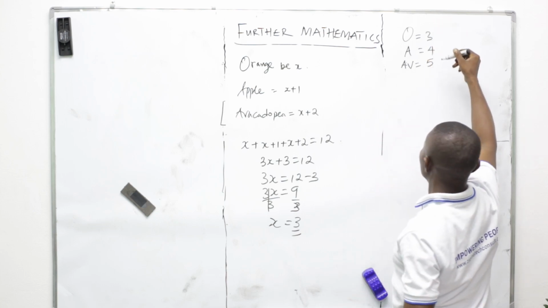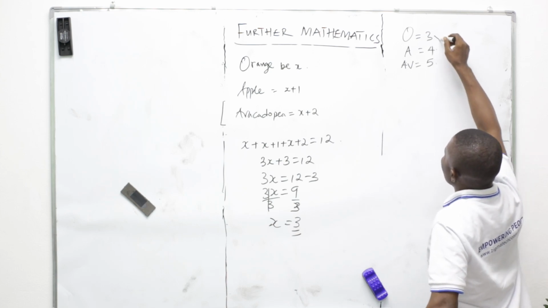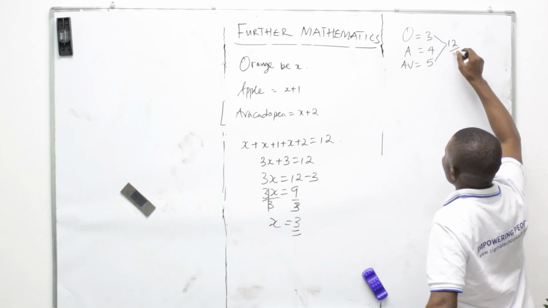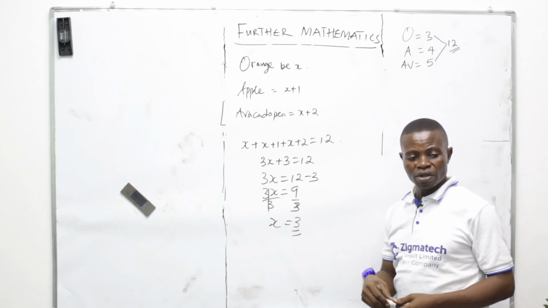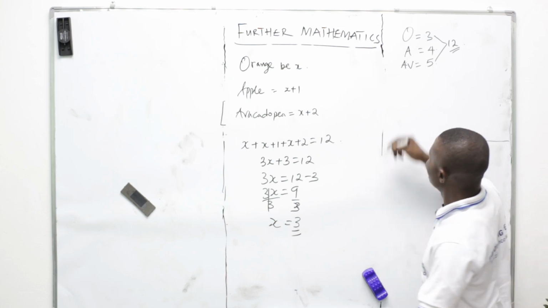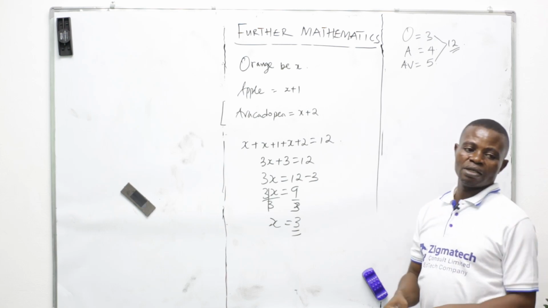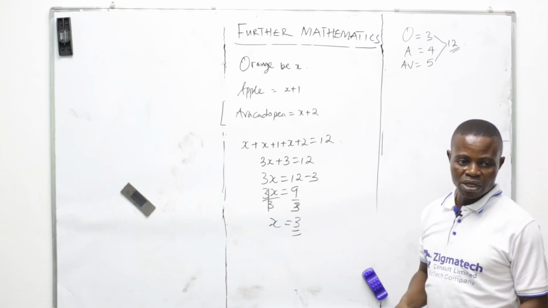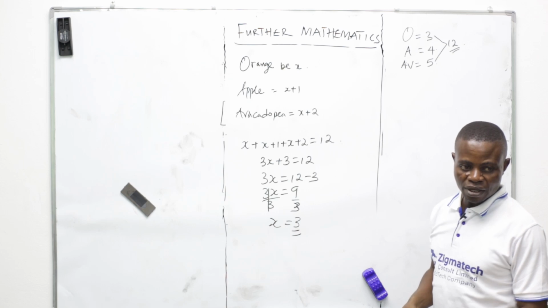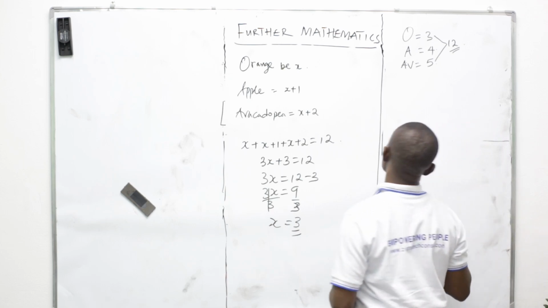Now let us total it. 3 plus 4 plus 5. You can see the total of what? 12. That is for the fruits. The assigned numbers are in order. Now business started. Find the probability that the first is an orange and the second is an avocado pear.